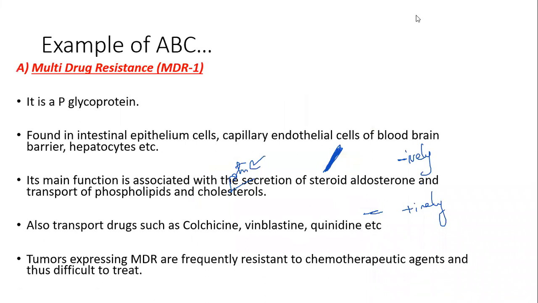Now we'll go with the example. Multi-drug resistance. It is a kind of P protein, P glycoprotein. Now, when I say P glycoprotein, what is the meaning of it? Phosphorylation related?